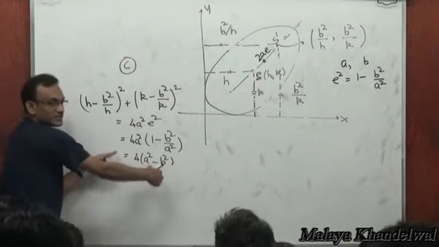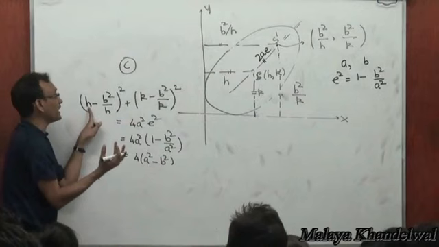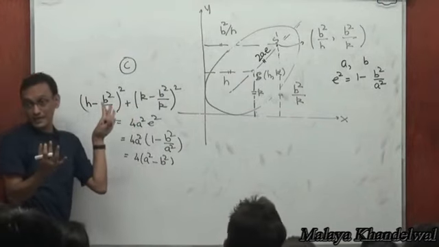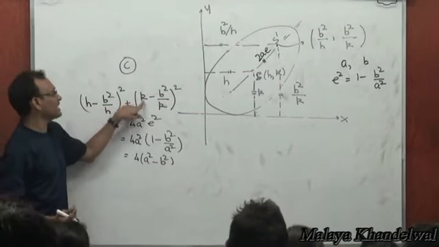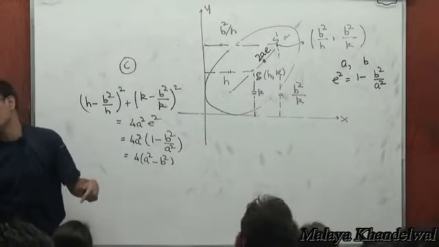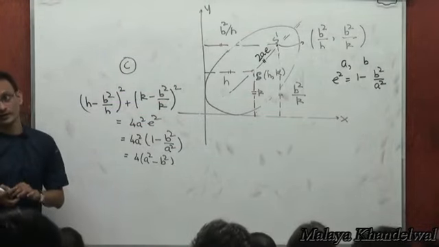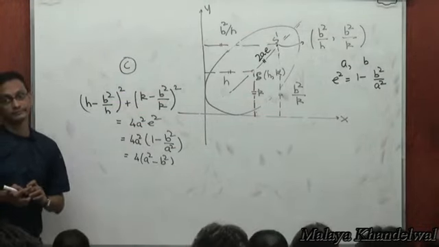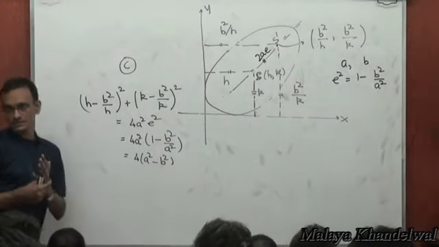That's all of this. And then you have a relationship between h and k, the x coordinate h and the y coordinate k of the focus. Yes or no? All that you need to do is replace h by x and k by y. You will get the locus. Yes or no? Got me? Replace h by x and k by y, and this would be the locus of the focus.